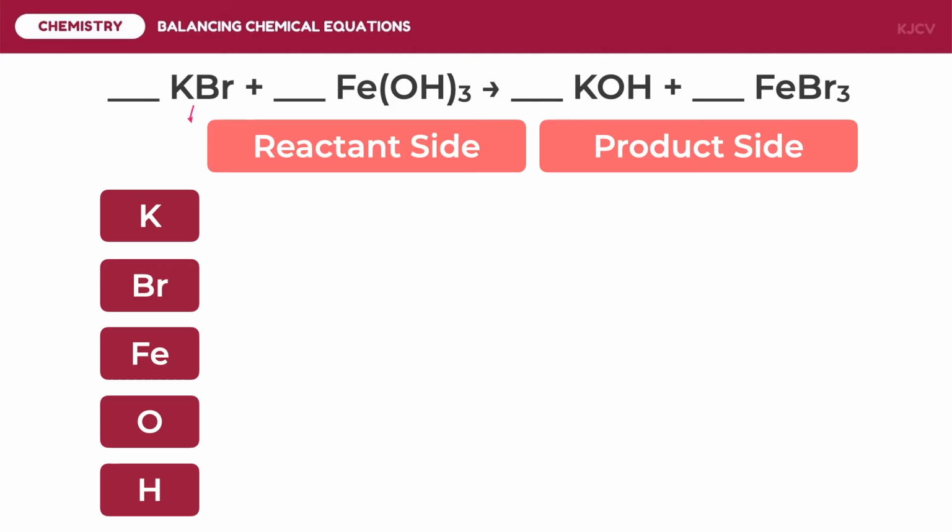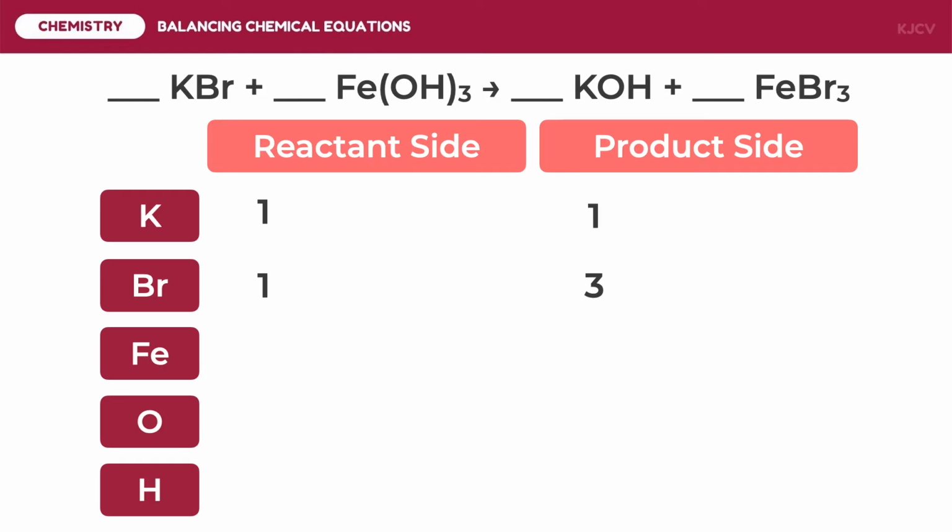For potassium, we have 1 from the reactant side, particularly from potassium bromide, and 1 from the product side from potassium hydroxide. Bromine has 1 from the reactant side from potassium bromide, and 3 on the product side from iron 3 bromide.